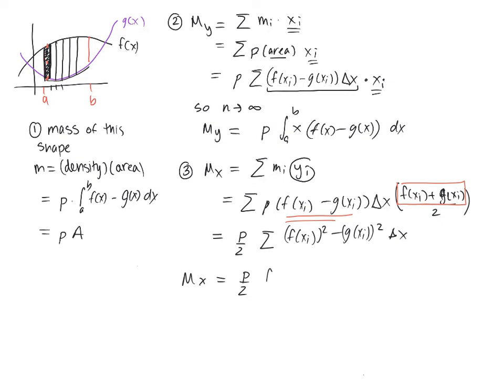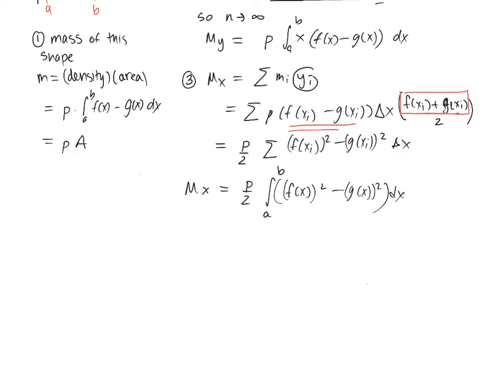Rho over 2, integral a to b, and inside of the integral is just f of x squared minus g of x squared. Cool.